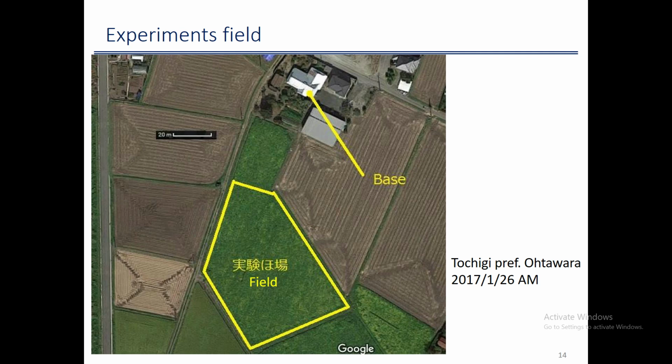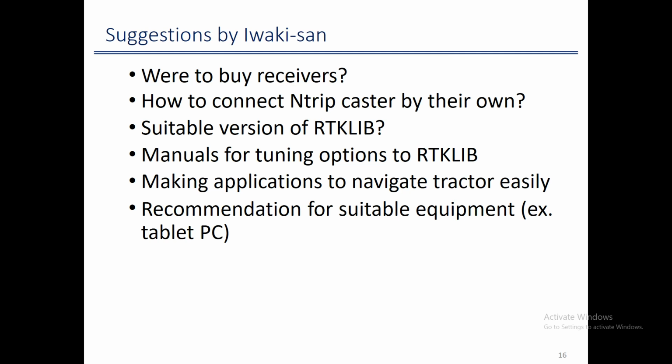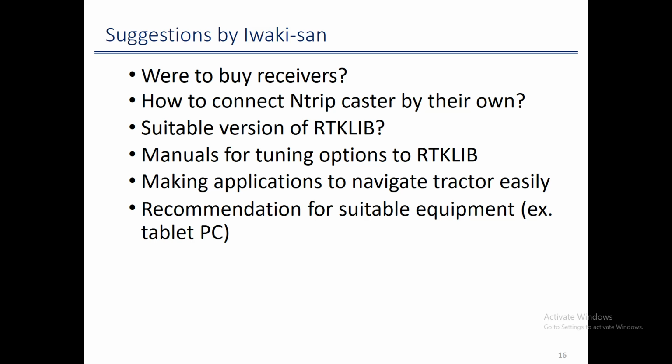A suggestion by Iwaki-san. This is one of the studies that was done by the Tokyo fraternity. Where to buy the receivers, how to connect the NTRIP caster by their own, suitable version for RTKLIB, manuals for tuning options to RTKLIB, making applications to navigate the tractor easily, recommendation for suitable equipment, for example, tablet or PC.